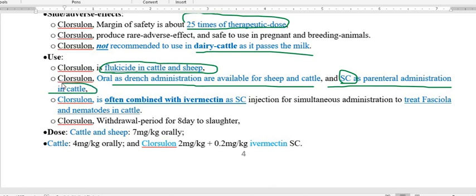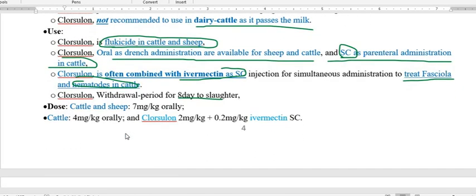Clorsulon is often combined with another anthelmintic like ivermectin and administered subcutaneously so that it will help to treat the Fasciola as well as the nematodes in the cattle. Regarding the withdrawal period of clorsulon, it is about 8 days to slaughter the animal.